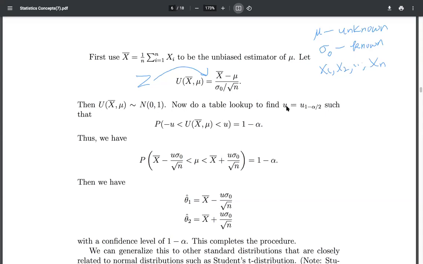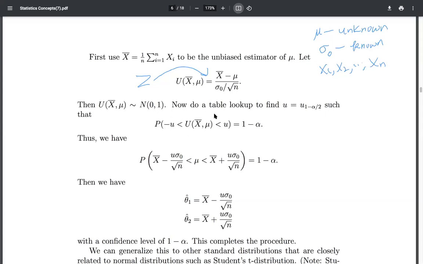Let's call this u sub 1 minus alpha over 2, because this standard normal distribution is symmetrical. So what I really need to check in that pre-computed table is alpha over 2.